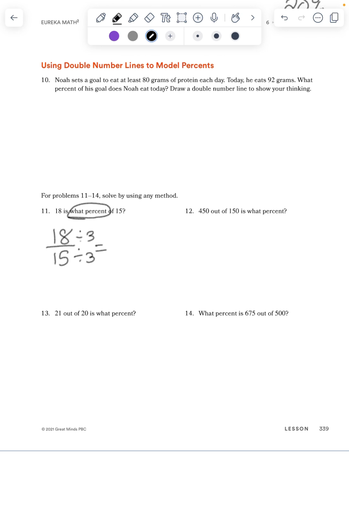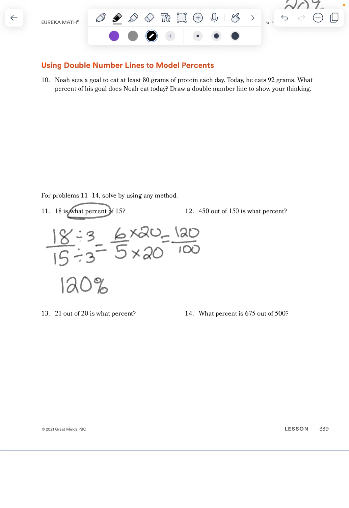And so I end up with 6/5. All right, and so at this point, I know that I can change this to a denominator of 100 by multiplying by 20. And so I end up with 120 over 100. So I can write that as 120%.